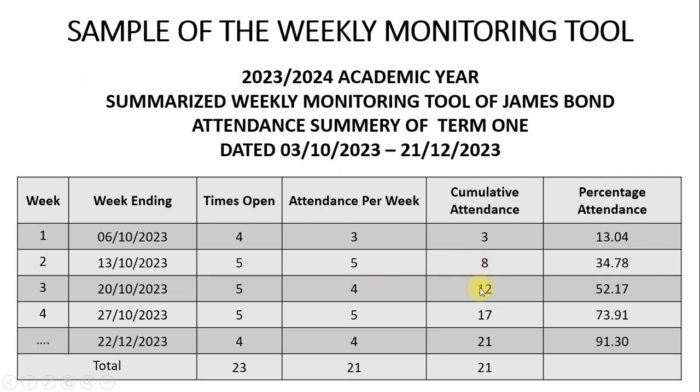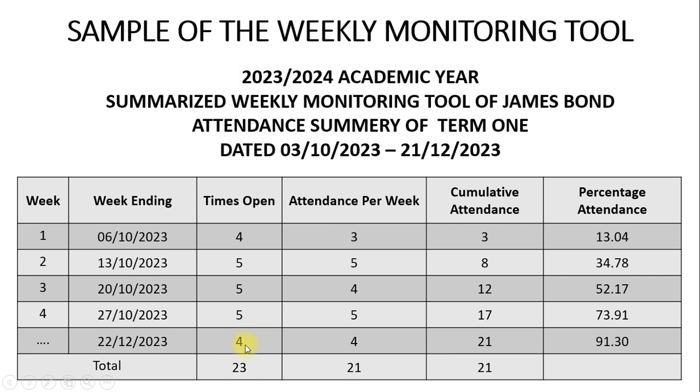Week 4, the ending was 27th October 2023, also open for 5 days. That week I attended 5 days, so I'll add this 5 to my 12 to get 17 cumulative attendance.